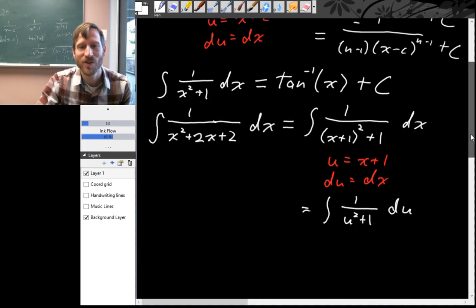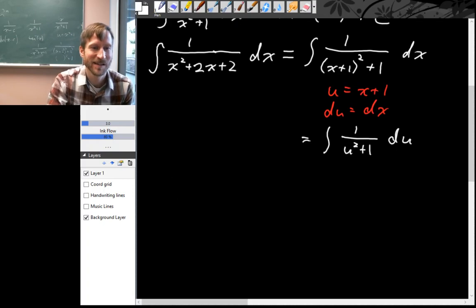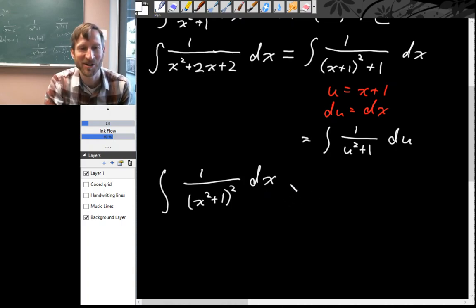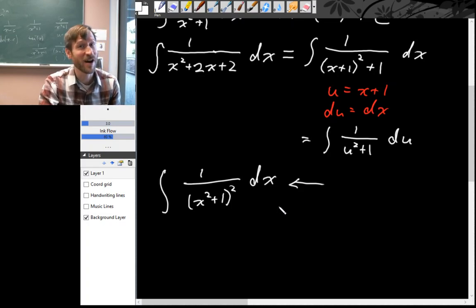Okay. So for the final possibility, when we have the integral of 1 over an irreducible quadratic, like x squared plus 1, to a power, I'm a little sheepish in telling you this, but this is a possibility we are not going to find an integral for in general.